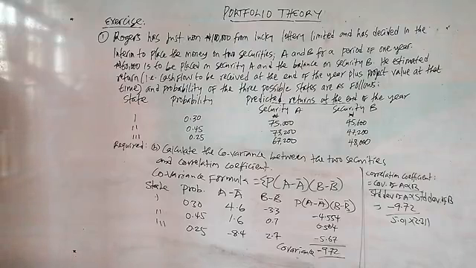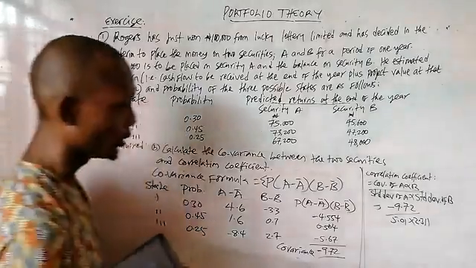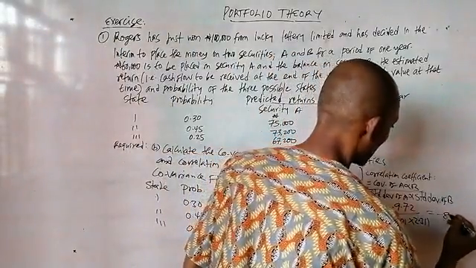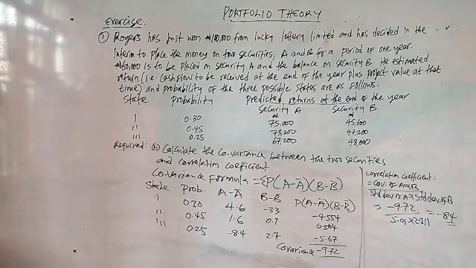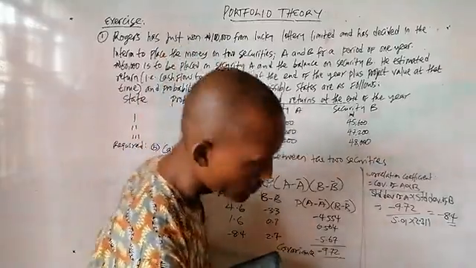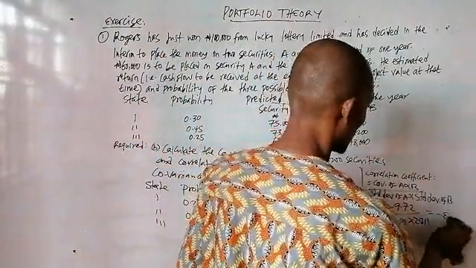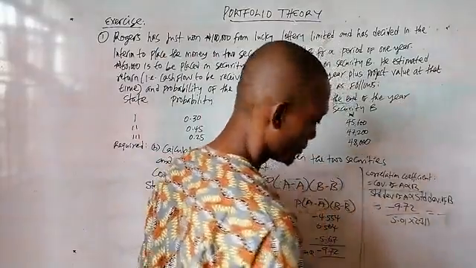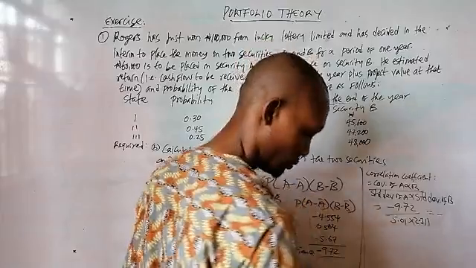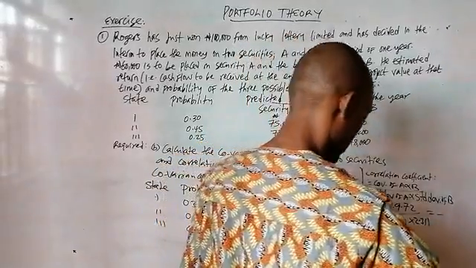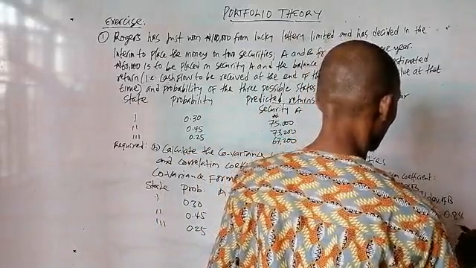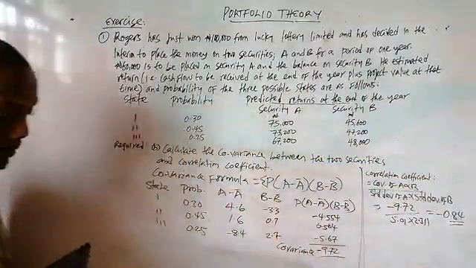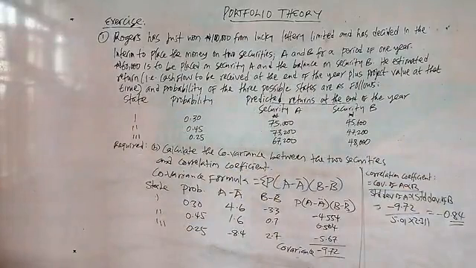So we have minus 0.84. That is our correlation coefficient.